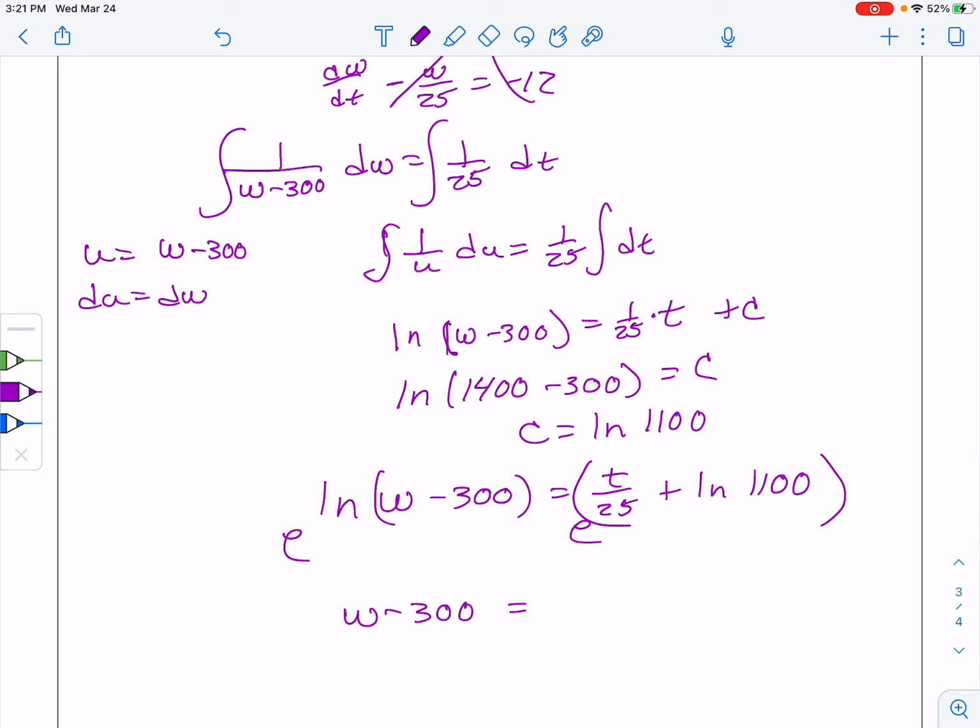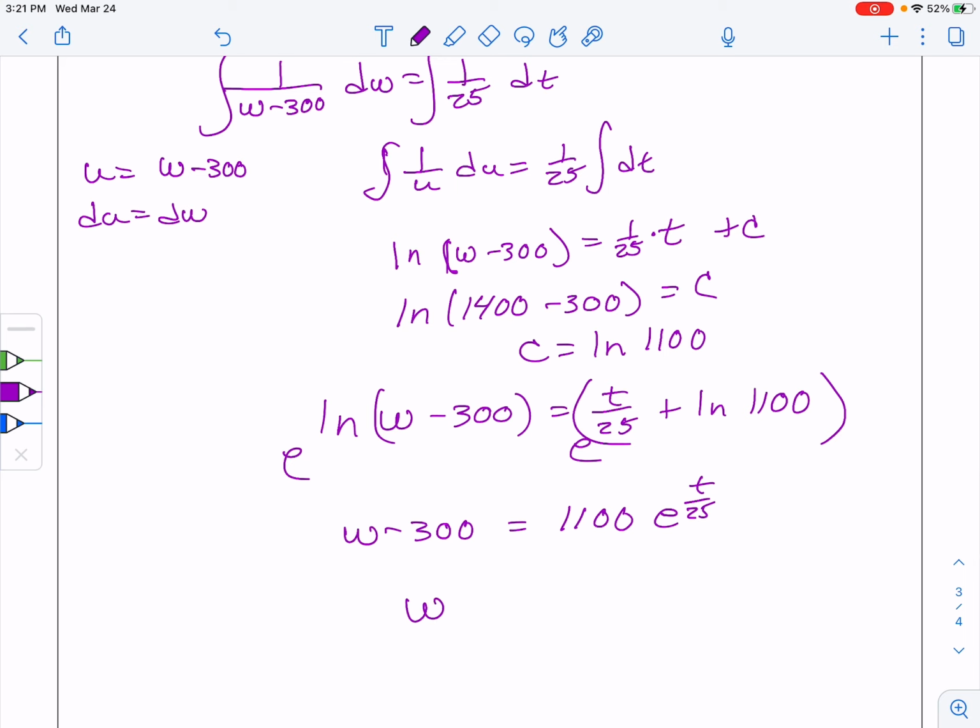This becomes 1100 e to the t over 25. So you just add 300 to both sides. And you're done. Okay? And that'll give you how many tons you get.